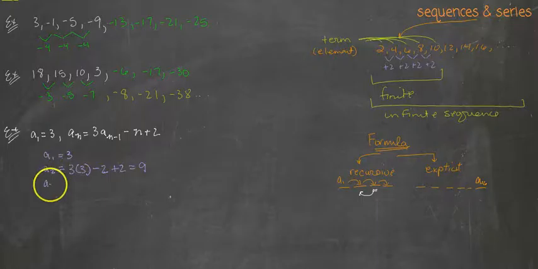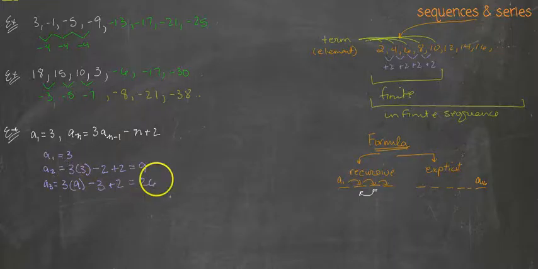So now a sub 3 is 3 times a sub 3 minus 1. So a sub 3 minus 1 is a sub 2, and its value is 9, minus n, which is 3, plus 2. So that's 9 times 3 is 27, minus 3 plus 2 is minus 1, 27, take away 1, 26.